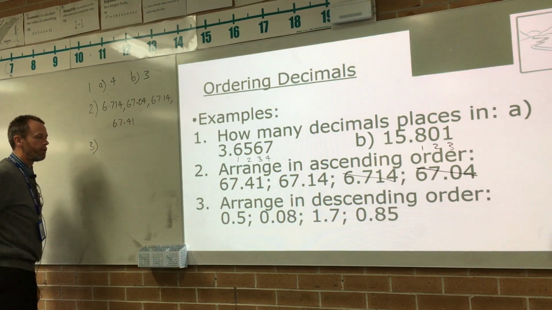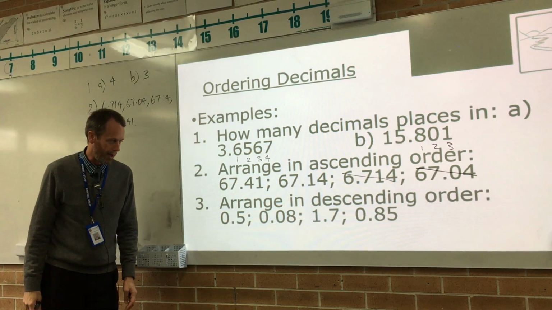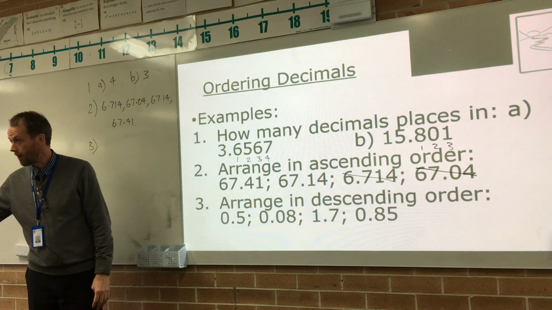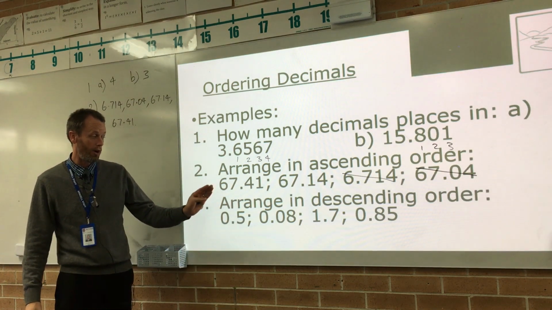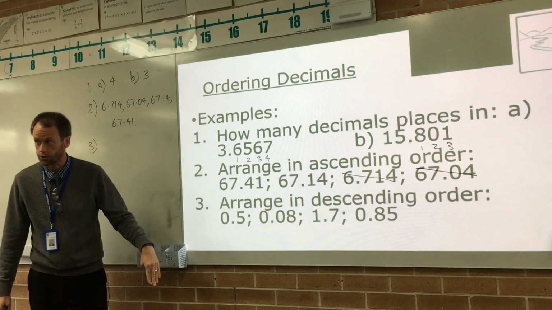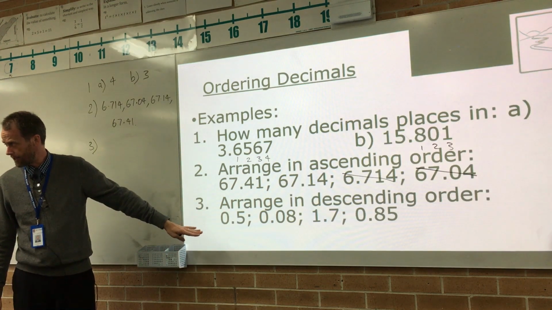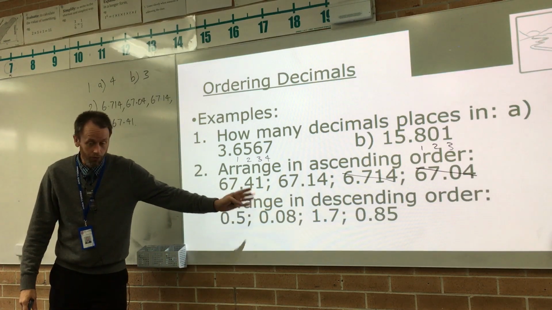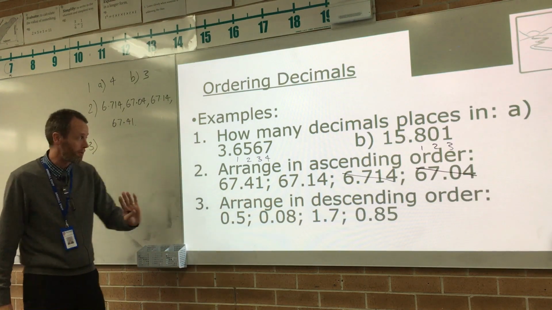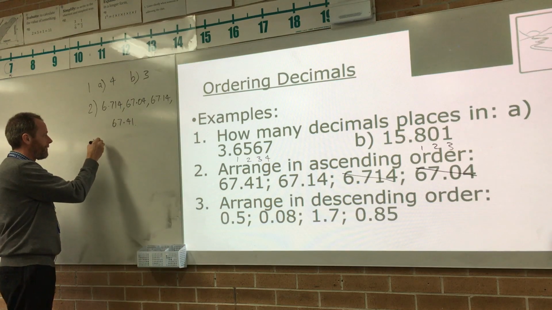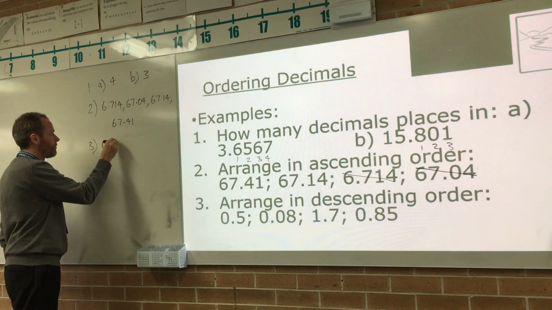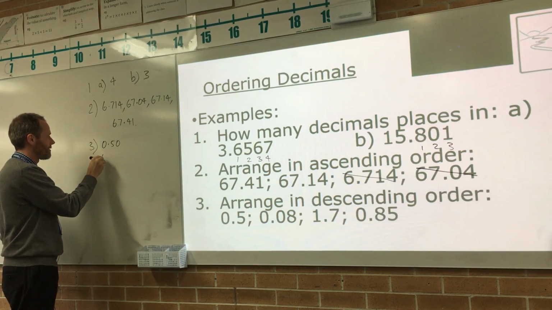Question 3, though, is in the reverse. It's descending order. Which means going down. That is right. It's going down. So we start with the highest number first. However, this one's a bit different. And sometimes I find it helpful to rewrite the numbers so I can see what I'm comparing. So if I was to rewrite it, I could write it like this.